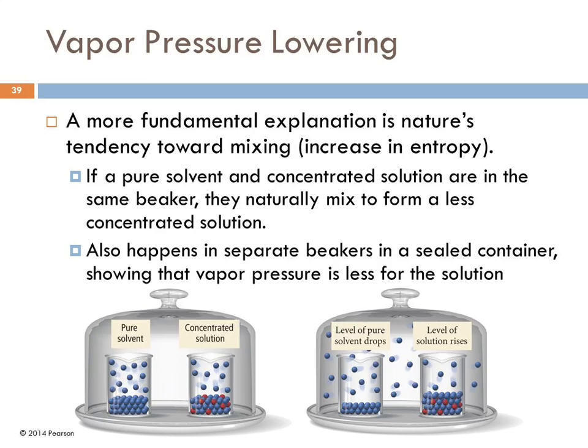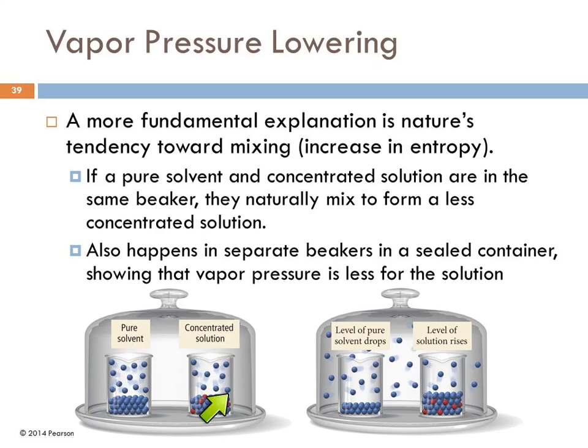There's a more fundamental explanation that has to do with entropy, that tendency towards mixing. So if we look at this situation, here we have pure solvent in one beaker and a concentrated solution using the same solvent, but now there's a lot of solute in it, in another beaker, and we put them under this cake cover so that the solvent can evaporate, but it can't leave the area.